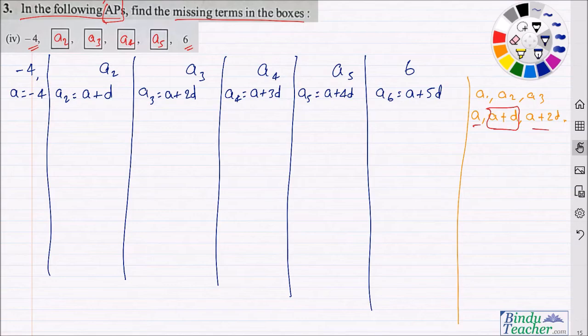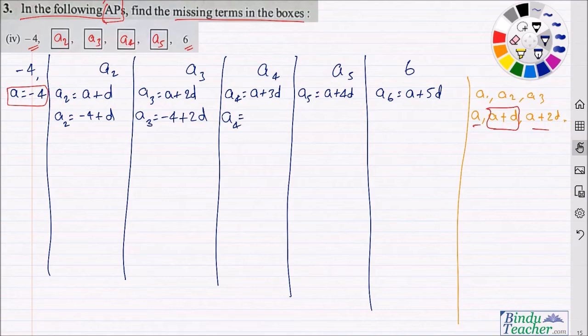Now let's start substituting the values. A equals -4, there is nothing more to do, so we don't have to calculate anything here. We will proceed to A2. The value is unknown. So A2 equals the value of A, which is -4, plus D. Similarly, A3 equals -4 plus 2D.